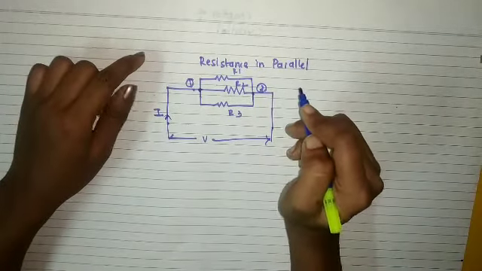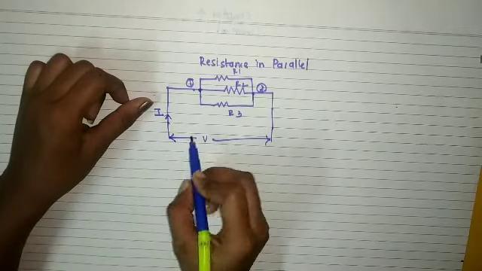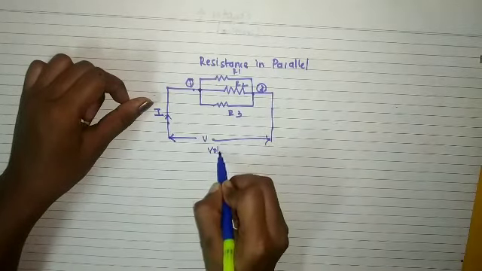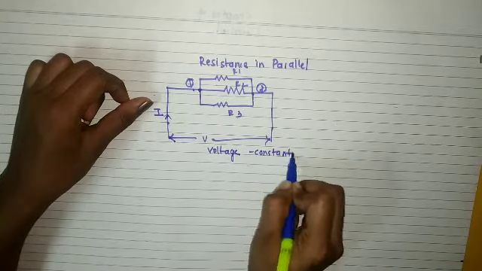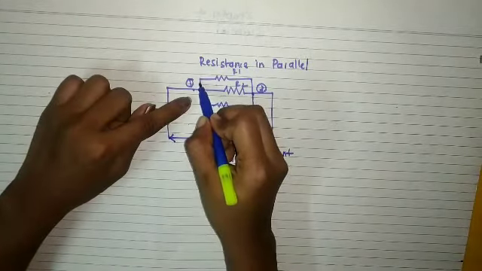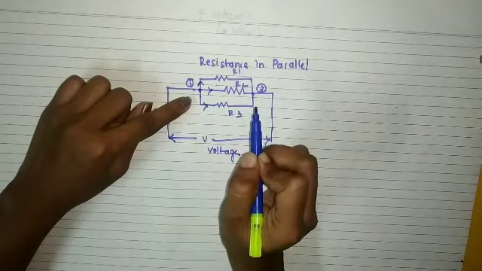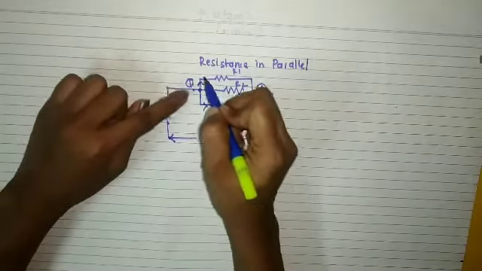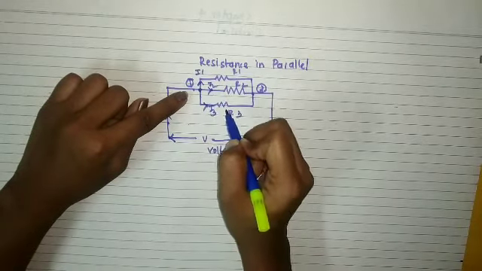So what happens here? The voltage throughout the circuit remains constant. In parallel, voltage remains constant, and the current flowing through each branch will be different. It will get divided. This will be I1, this will be I2, and this will be I3.